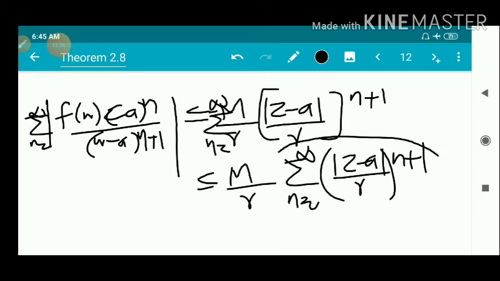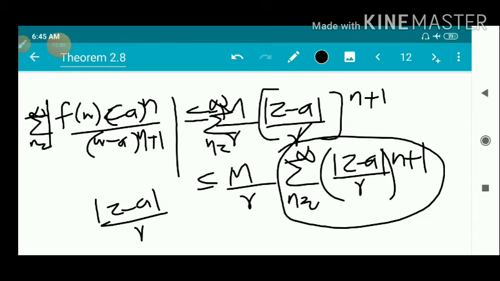And this series is a geometric series with a common ratio mod z minus a divided by r, and we have mod z minus a is less than r because a is a point interior to the circle with the center a and radius r. Therefore this is less than 1.